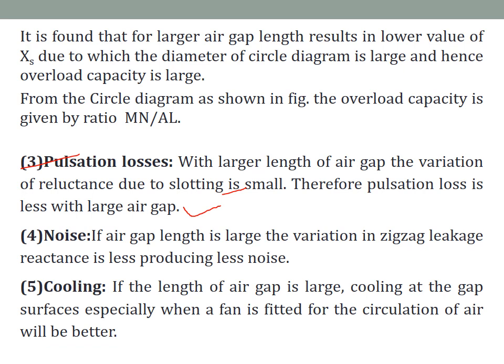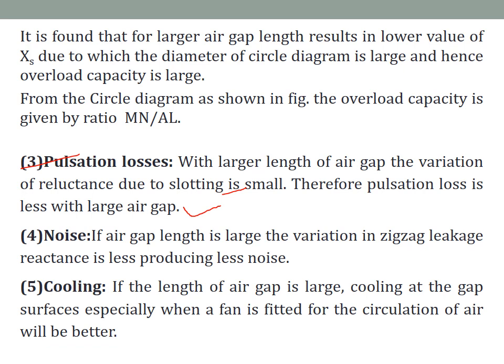If the air gap is large, the reluctance variation in the air gap due to slotting is small. So if that variation is small, the flux pulsation variation is also minimum, and because of that, flux pulsation losses will reduce.